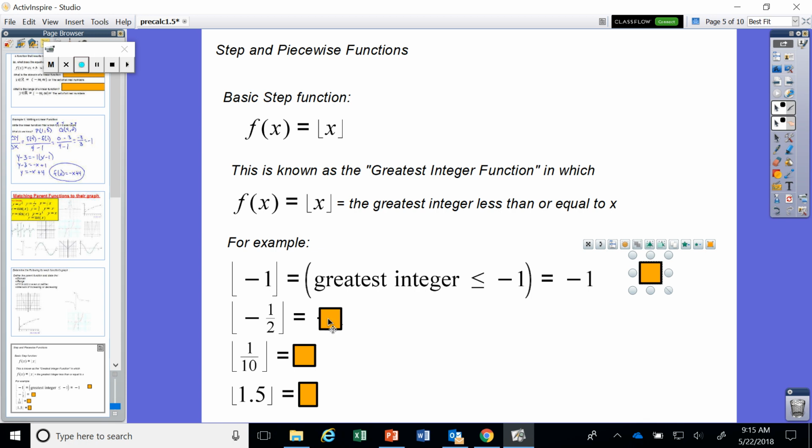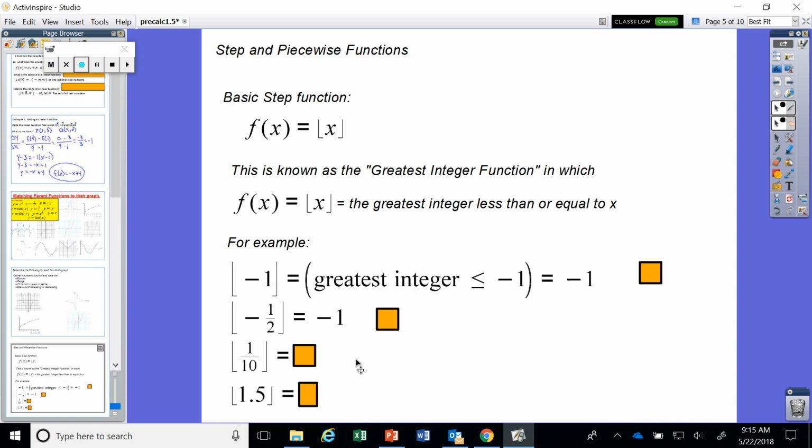Now the second one, the step of -1/2. Once again, the greatest integer less than or equal to -1/2 will be -1.